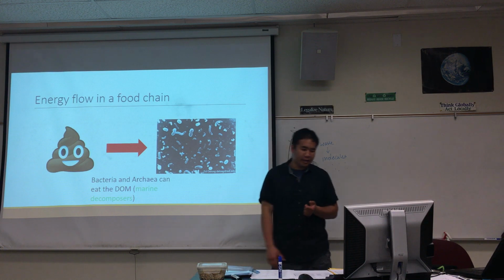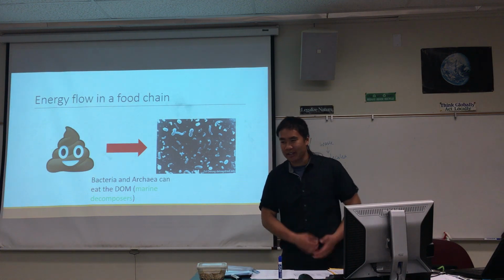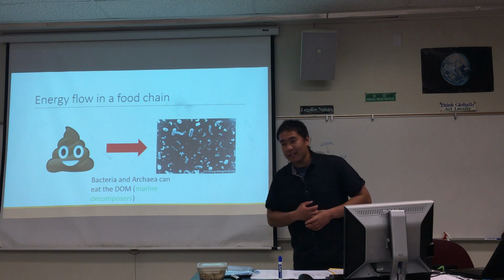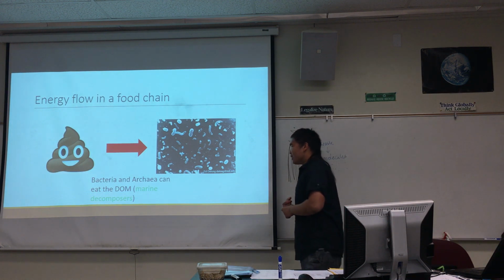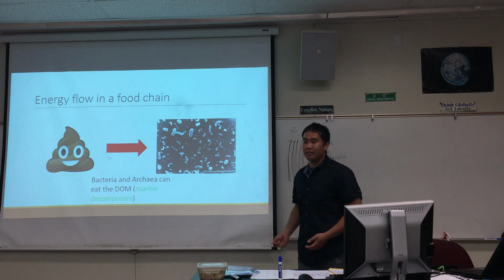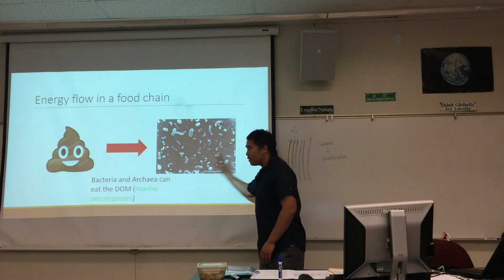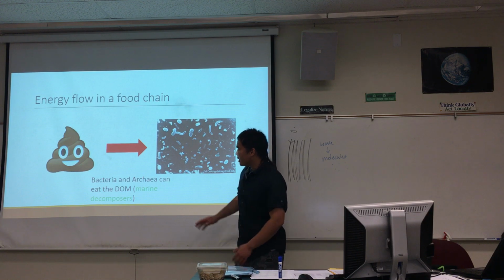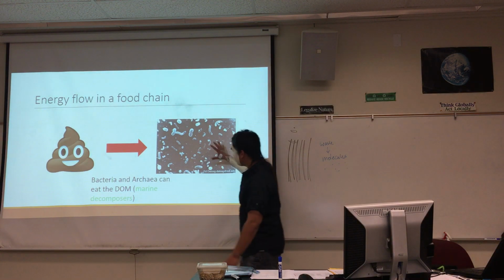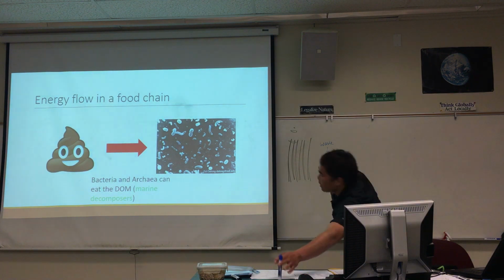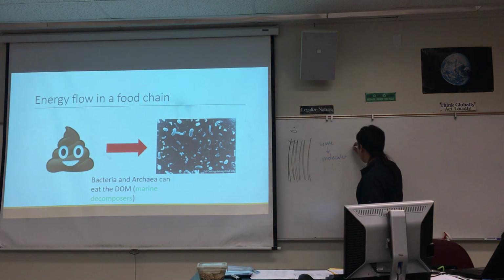Good. Is the DOM completely wasted? No, not yet at least. At least we know that something out there is using it. Now the trick is we need to get this back into the food web. By now, the DOM's energy has been transferred to bacteria and archaea.